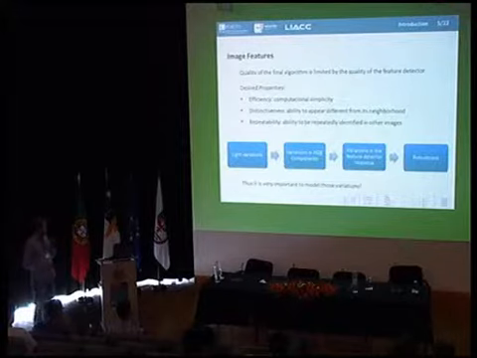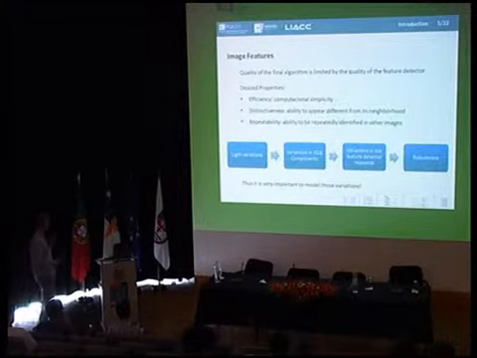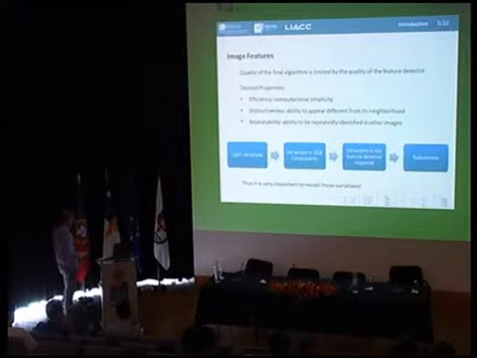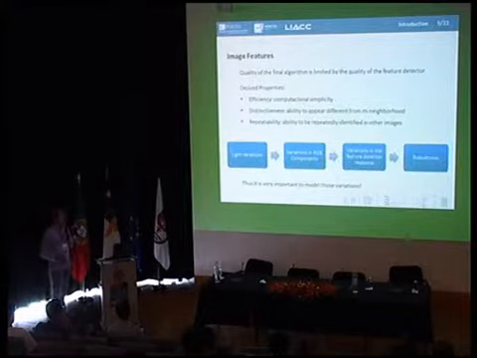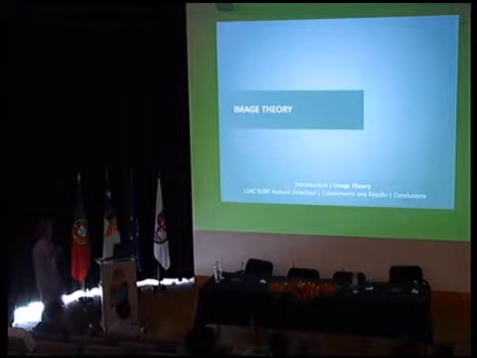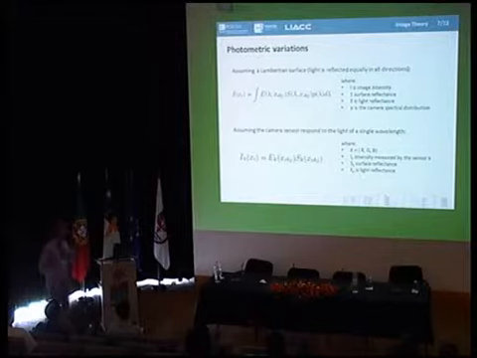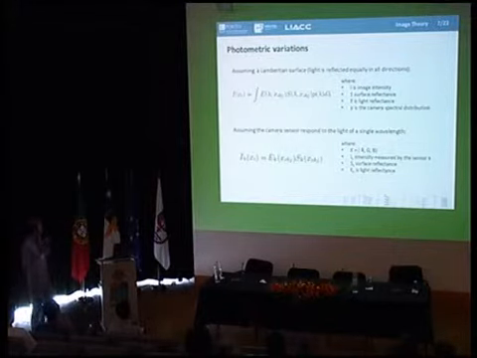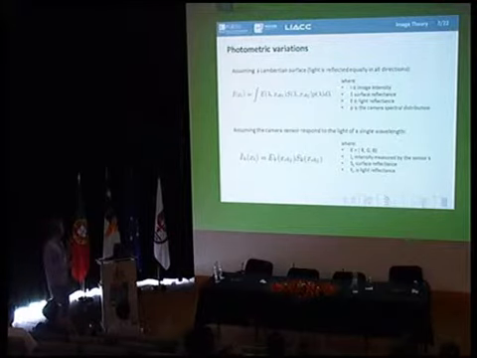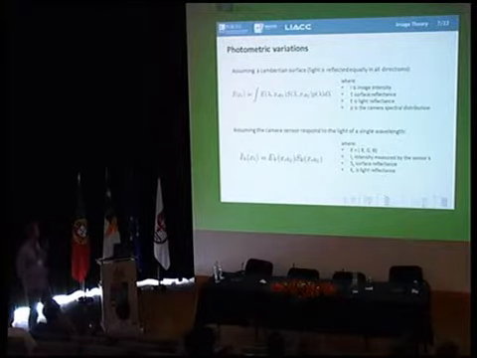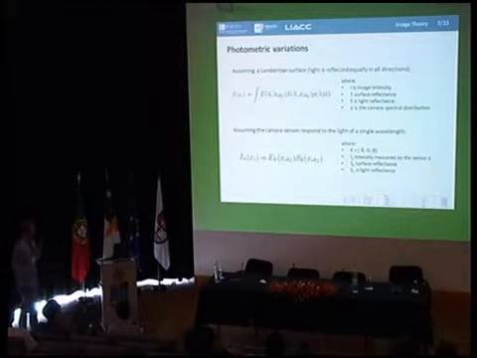Thus, it's very important to model those variations and understand their implications in feature detection. Assuming that a surface reflects light equally in all directions, I can model the intensity of a given pixel through the computation of this integral.